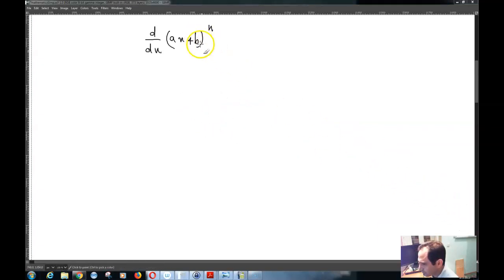For example, you know that a plus b raised to the power n is equal to n combination 0, a raised to the power n, b raised to the power 0, I suppose.